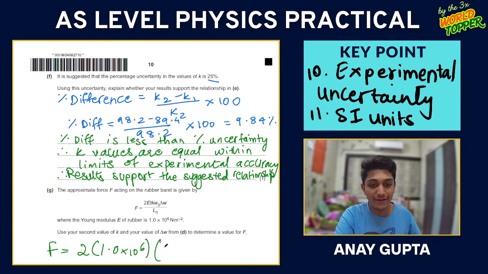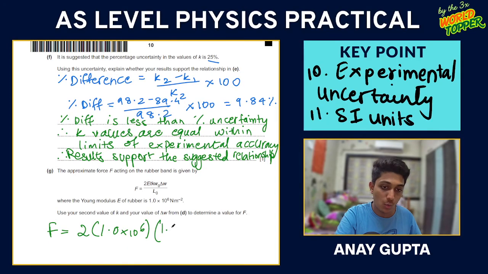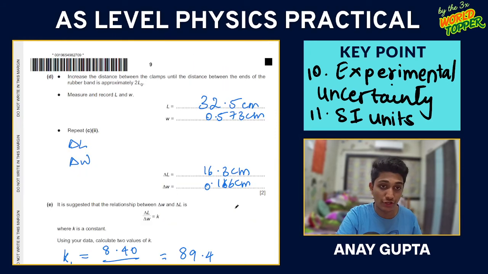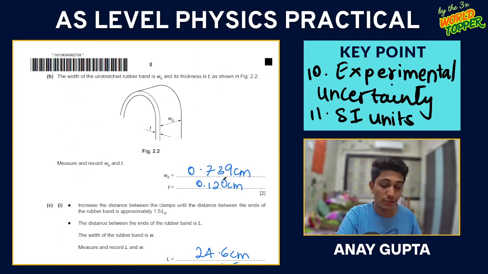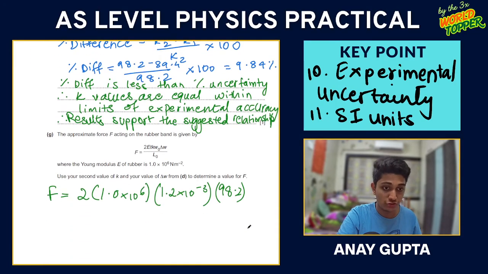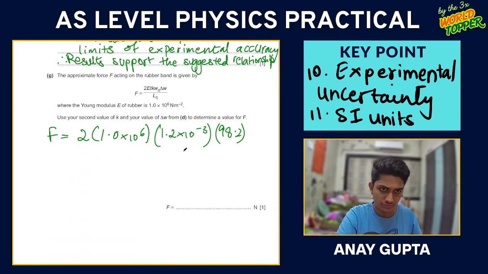If I take that into meters, that would be 1.2 into 10 raised to minus 3 meters. Similarly, the second value of K, 98.2, has no units, so I do not need to worry about that. Then the value of W0 was 0.739 centimeters, which converts to 7.39 into 10 raised to minus 3 meters.